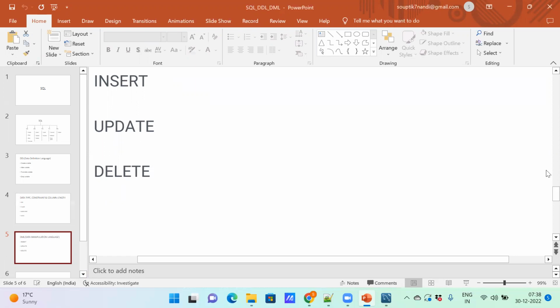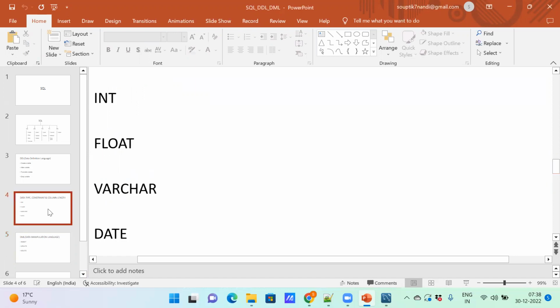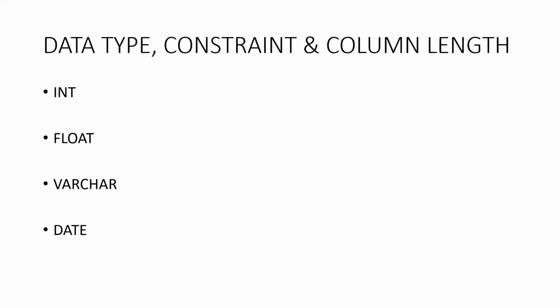A very important topic over here: constraint. While learning the data type part, there's the option of constraint. Constraint means we want to impose a constraint on that particular column. That particular column may be a primary key for that table, or unique in nature.